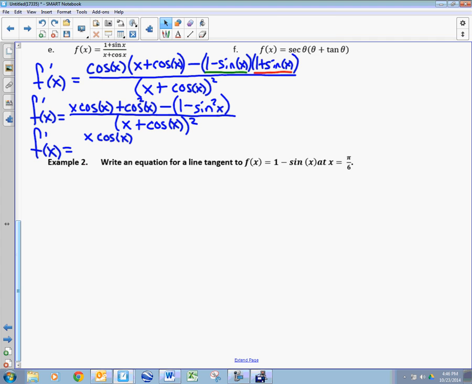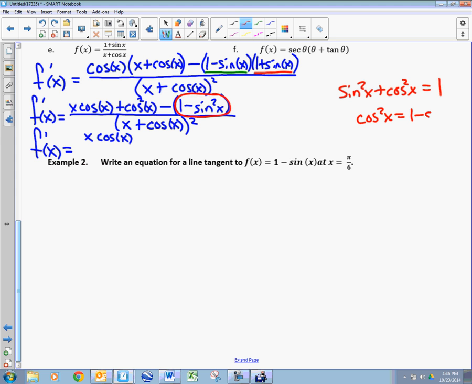But do you remember your trigonometric ratios and functions and the relationships? What is 1 minus sine squared? Remember that sine squared of x plus cosine squared of x is equal to 1. Therefore, cosine squared of x is equal to 1 minus sine squared of x.